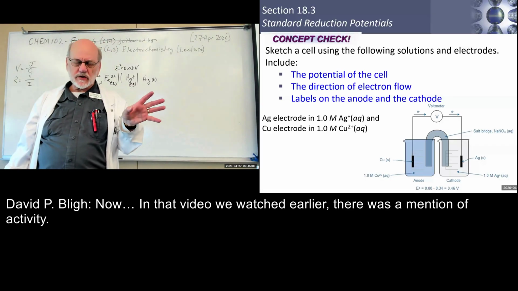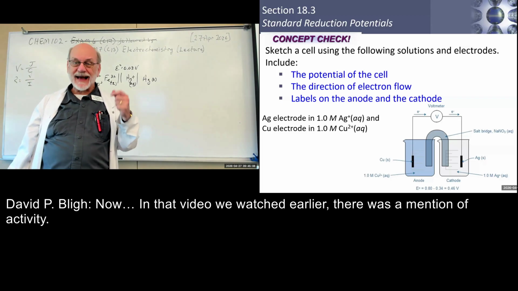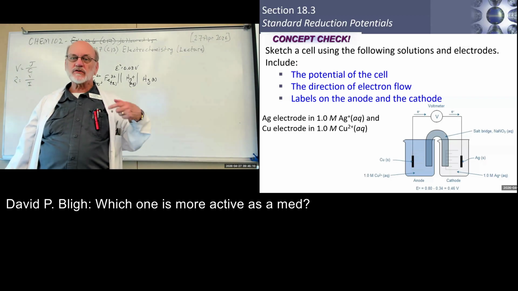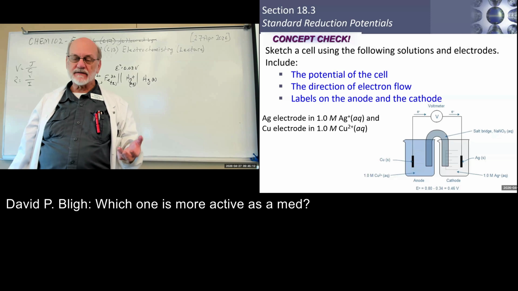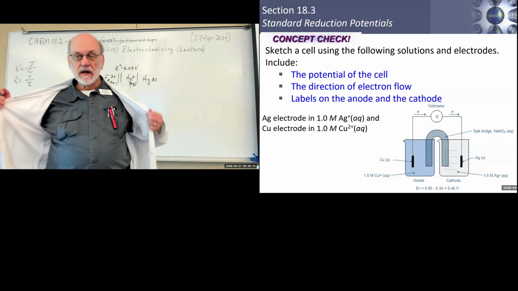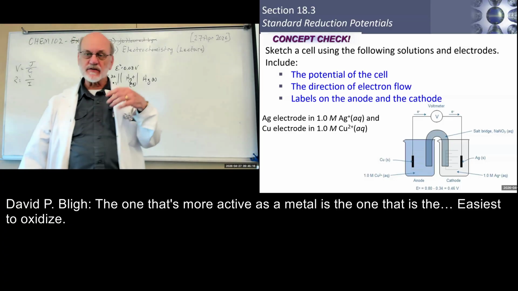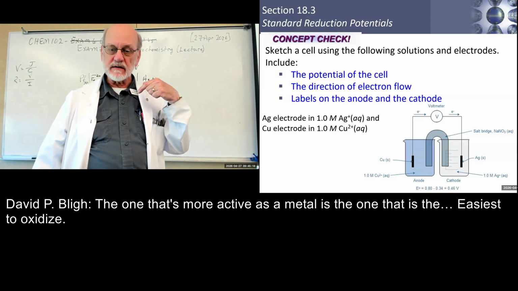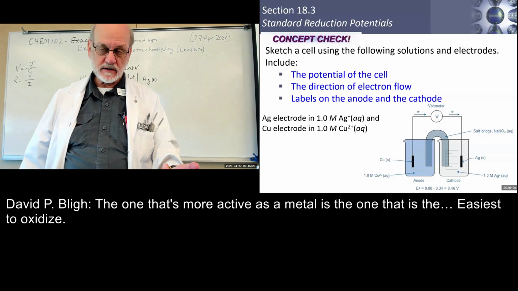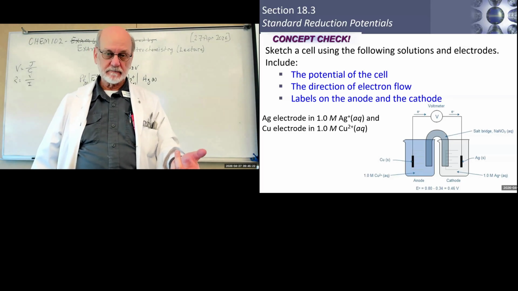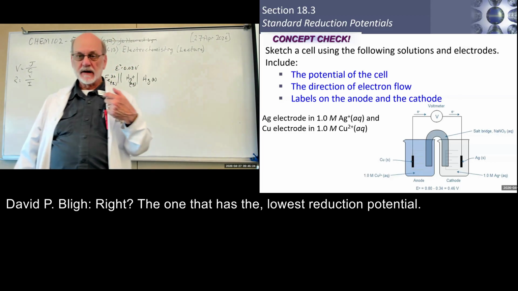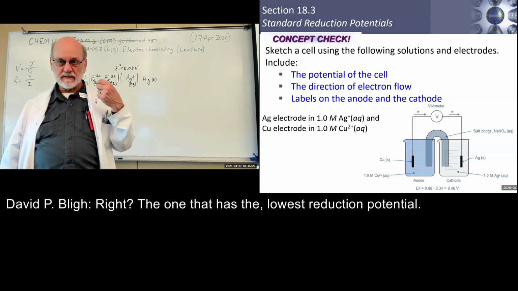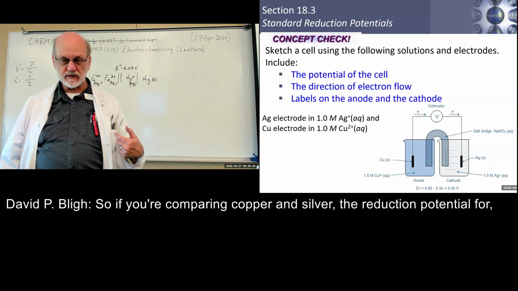Now, in that video we watched earlier, there was a mention of activity. Which one is more active as a metal? The one that's more active as a metal is the one that is the easiest to oxidize, right? The one that has the lowest reduction potential.